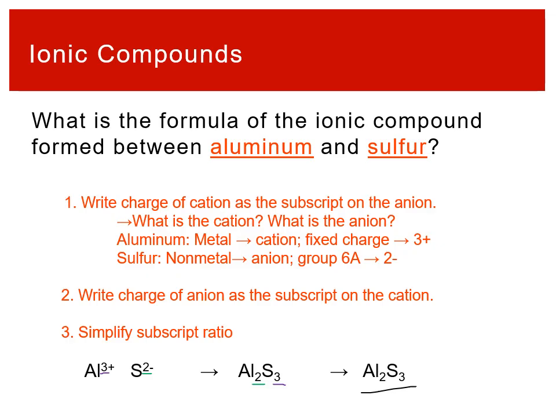That's going to be the formula for every ionic compound formed between the elements aluminum and sulfur, because aluminum is always 3+, and sulfur is always S2-. Because of the rules for forming ionic compounds, we just know what that formula is going to be. Look at us, we're chemists.